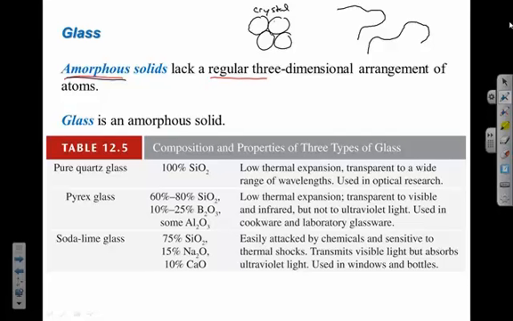Glass is a really interesting substance. It has some unusual properties. So we'll take a look at glass a little bit since it's such a common substance. Glass is unusual because it's amorphous most of the time. Most glass is amorphous. If you want to get crystalline glass, it's much more expensive.